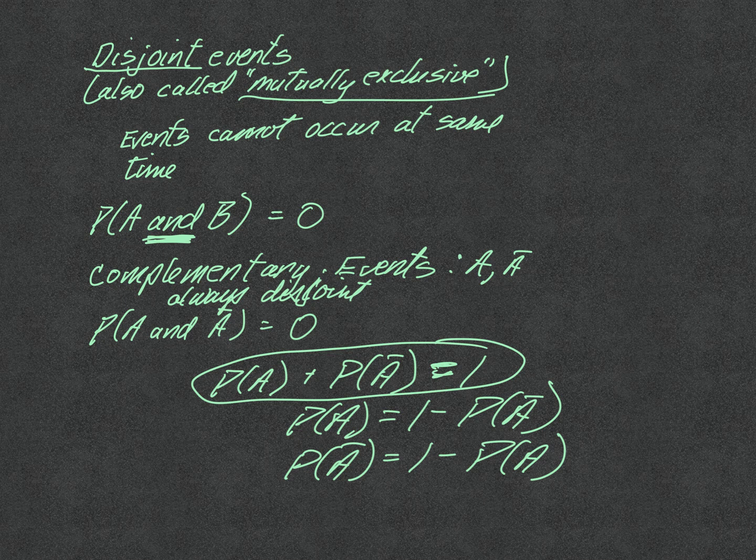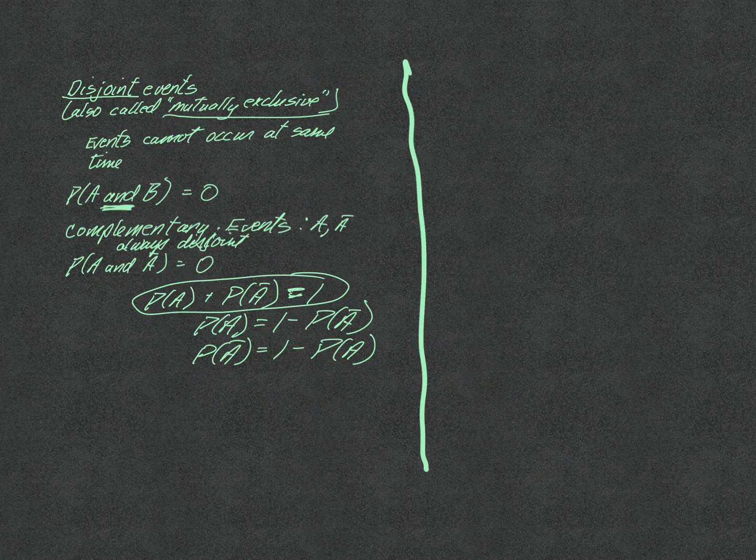Now, there's quite a bit theoretically there. And so what we want to do at this point is look at a quick problem. Your text gives a great example of this.